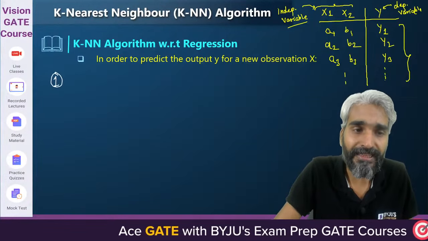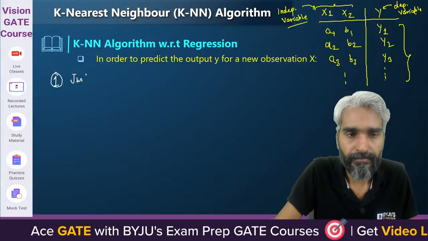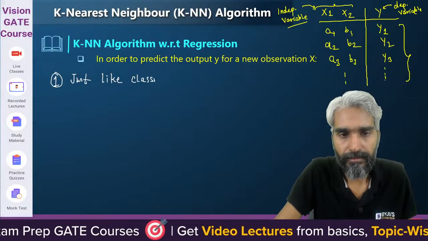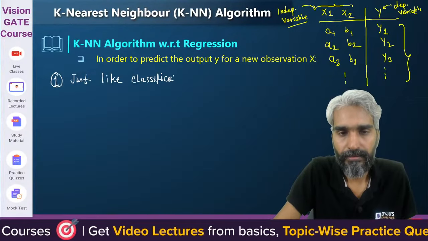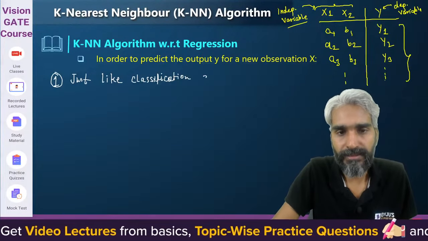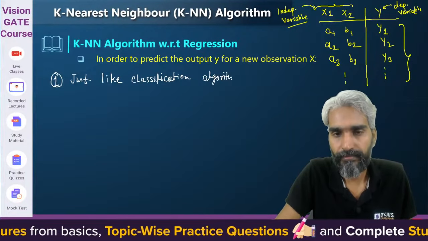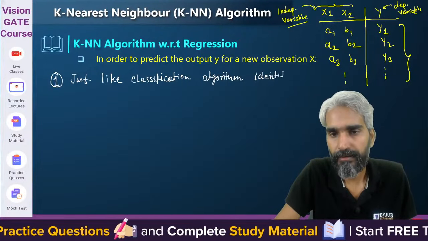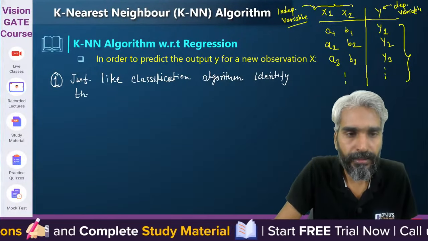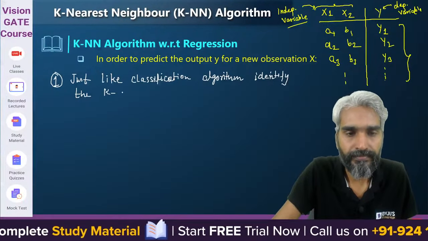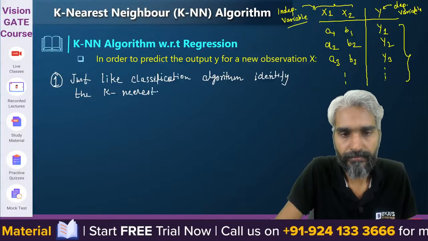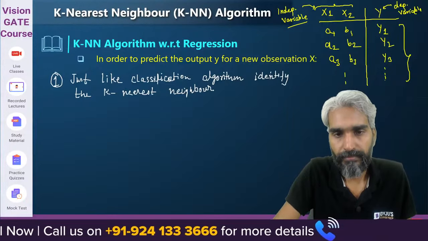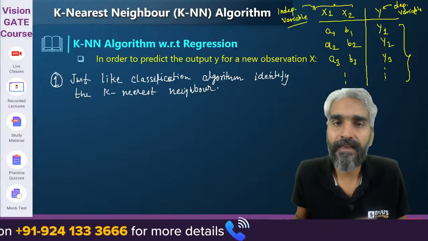Just like the classification algorithm, identify the k nearest neighbors.